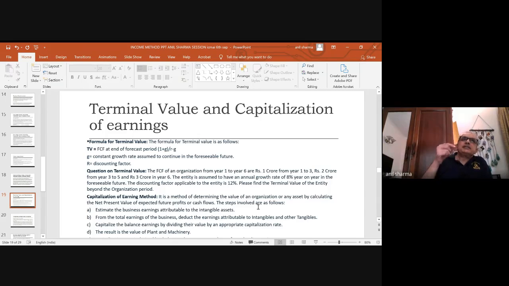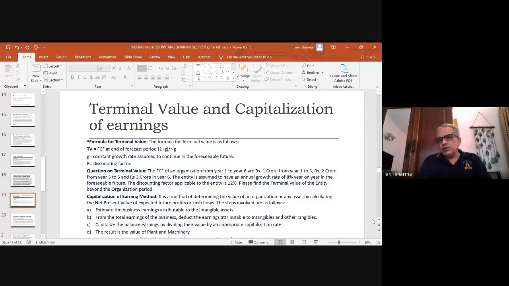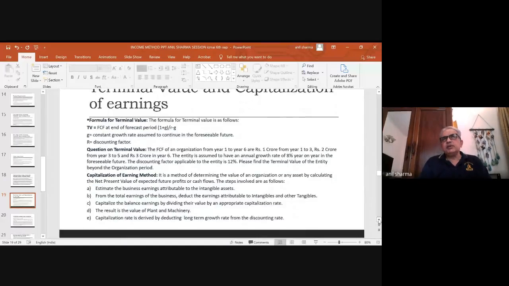Now the entire business consists of all types of assets, tangible assets, intangible assets, land and building, plant and machinery, everything, right? Now, how do you get the value of the plant and machinery? So this example, if you look at the ABCD steps, it will tell you how you will get the valuation which basically pertains to the plant and machinery.